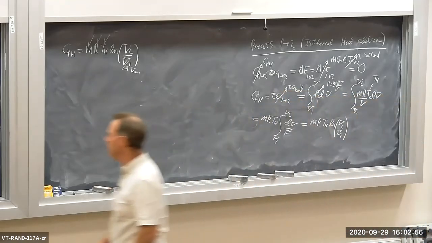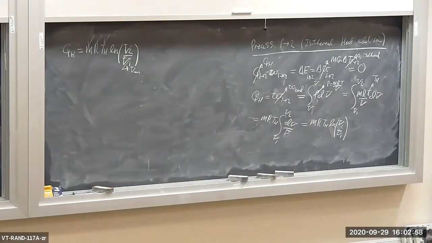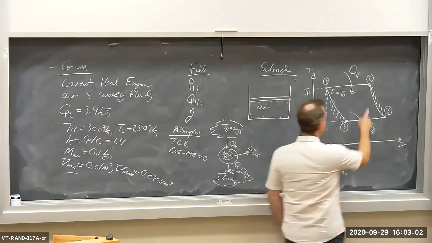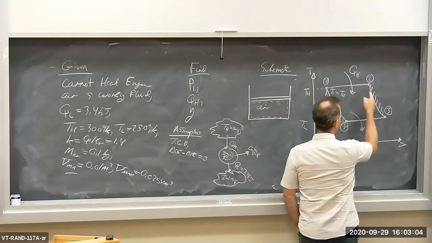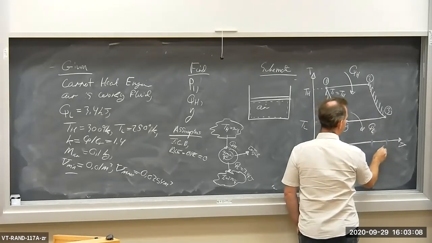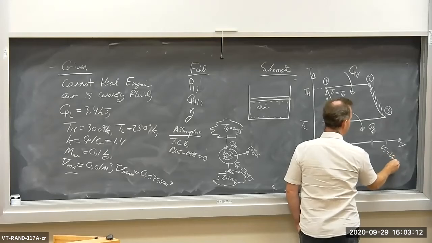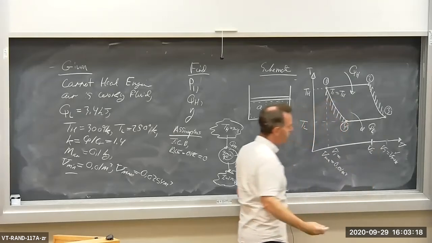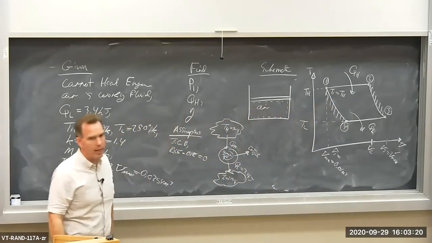V2 is some intermediate volume somewhere between V min and V max. V3 is equal to V max, which I have, by the way. And V2 is right here. Here's V min. It's some intermediate volume. I don't know what that is.